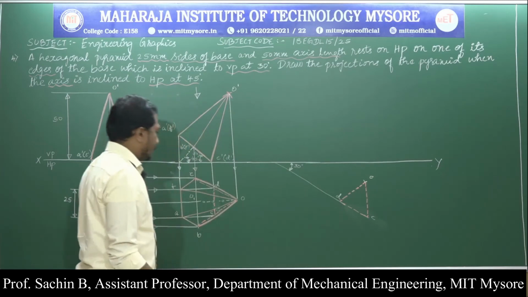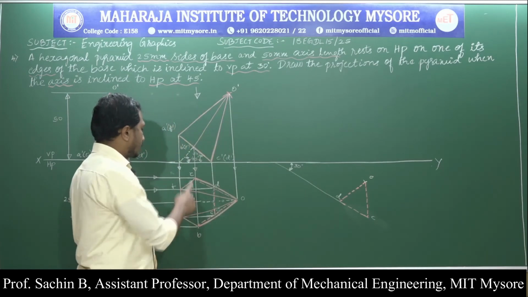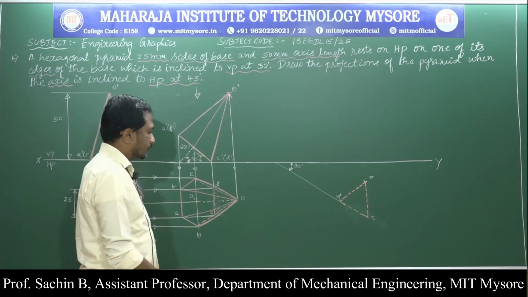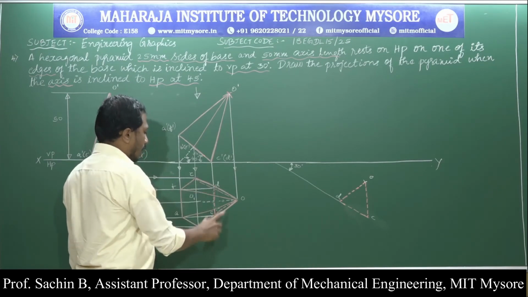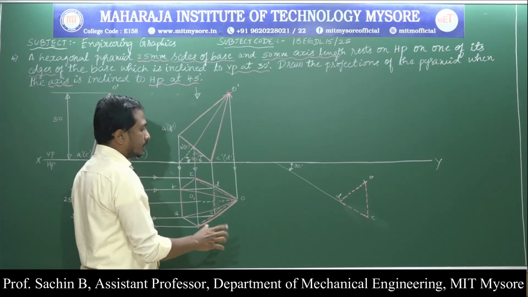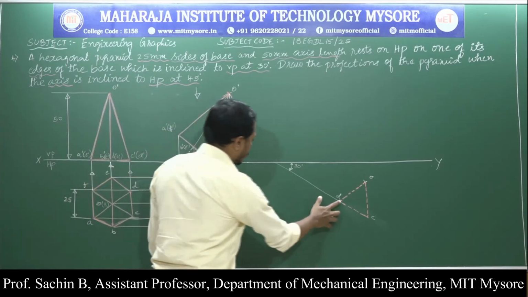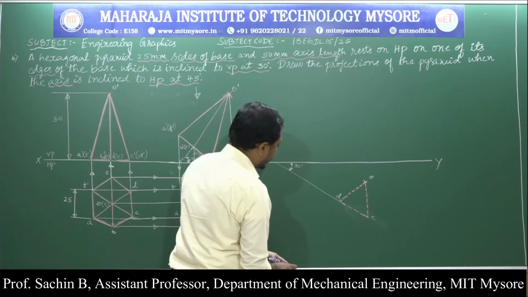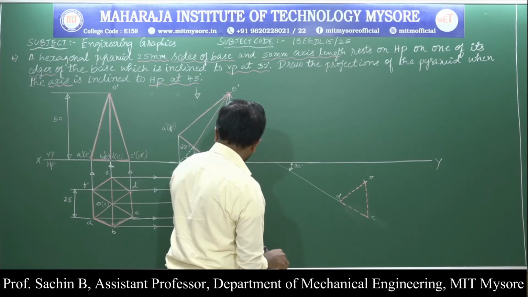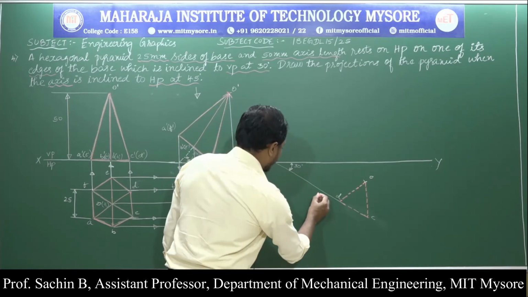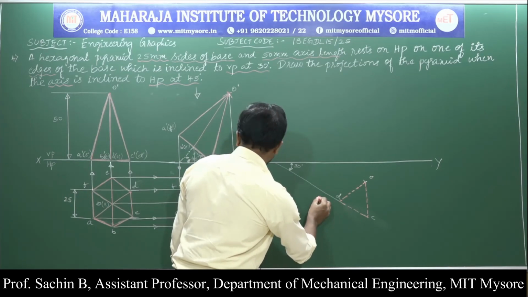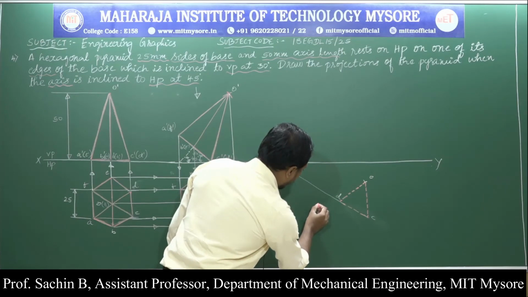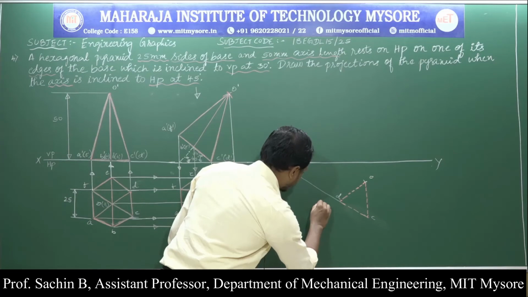Next I require the remaining corners, E, F, A, B. To get that, I will measure from D to E or from C to B. One measurement is enough. I will measure from D to E and cut an arc towards this side.